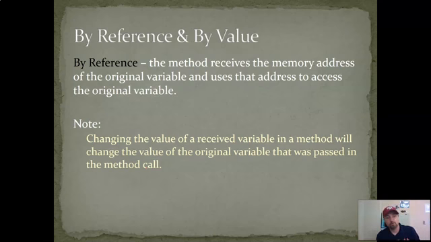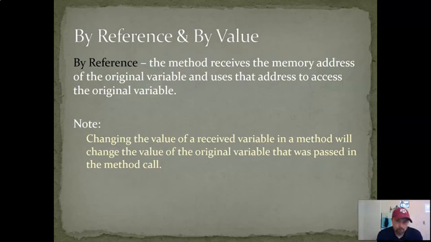If you receive where some data lives, go to that location, and make a change to it, then when you get back to main, the original variable is affected because you didn't send its value, you sent where to find that variable. Changing the value of a received variable in a method will change the value of the original variable that was passed in this method call, and that is by reference.